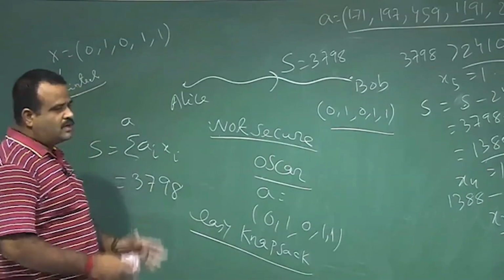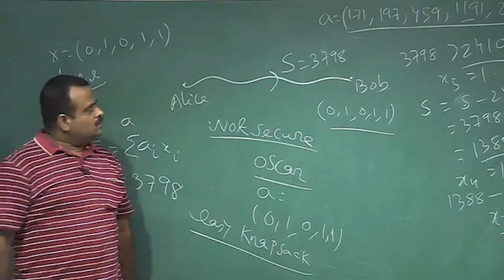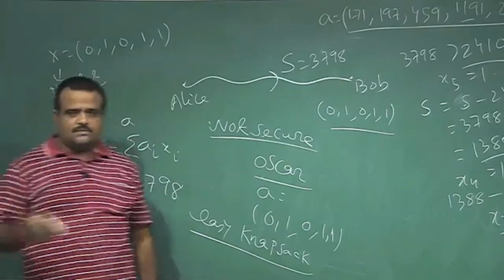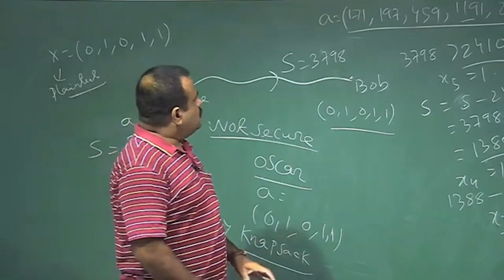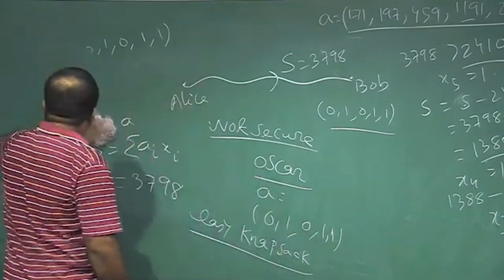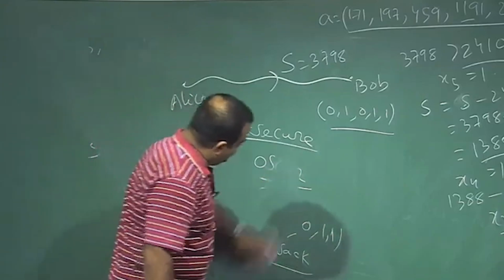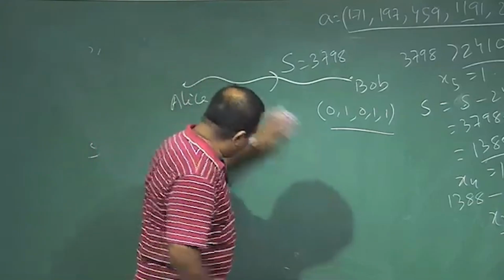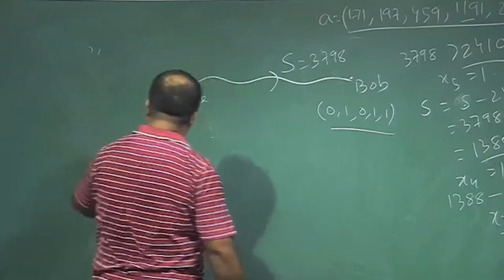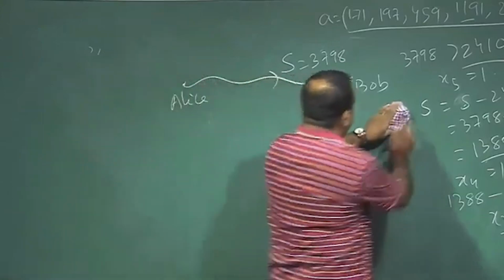So now the challenge is how we can make it hard. So the idea is to do the modular operation. So let us go for the original knapsack crypto system. This is called easy knapsack, which is not secure.